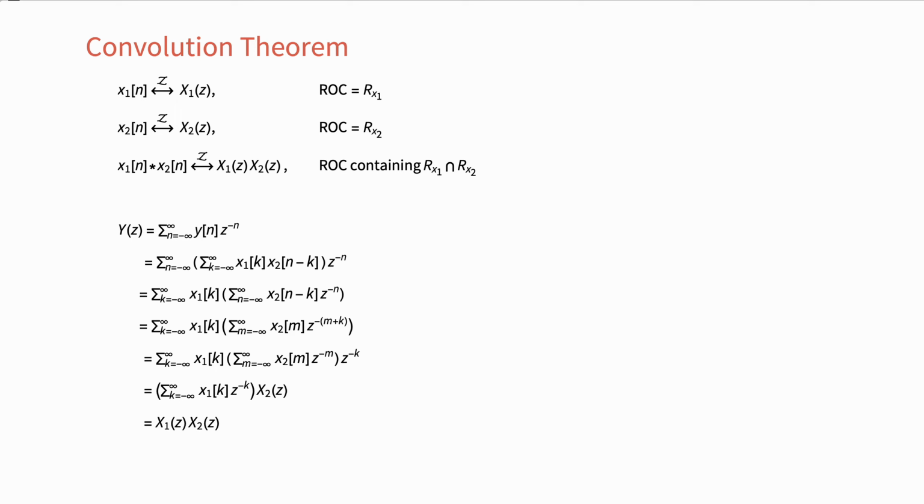Note that the terms in the parentheses are equal to the z transform of the sequence x2 of n, and the remaining terms are the z transform of the sequence x1 of n. And so this is equal to the product of the two z transforms, with the ROC including the intersection of the regions of convergence for x1 and x2.